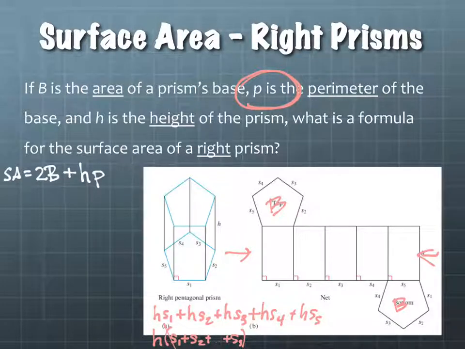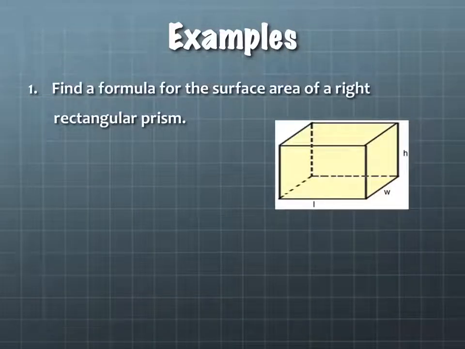Okay, everybody good with that? And that's really nice because that means it doesn't matter whether the base is actually a regular pentagon. Even if it's irregular and all those S's were all different, you could still use this formula by adding all the S's together to find the perimeter. So that's friendly. We're going to do one example, and then we're going to move to cylinders.